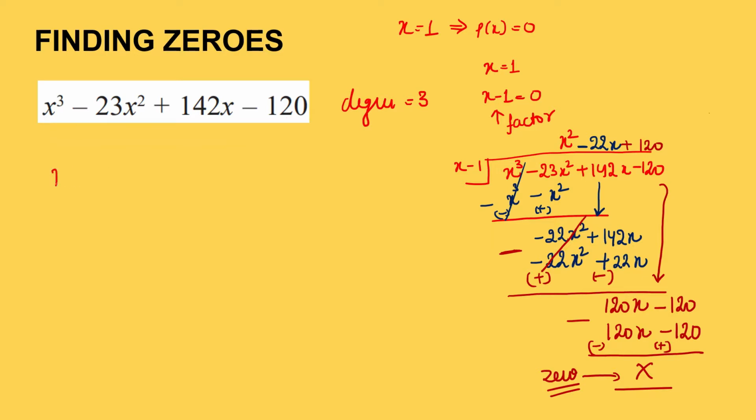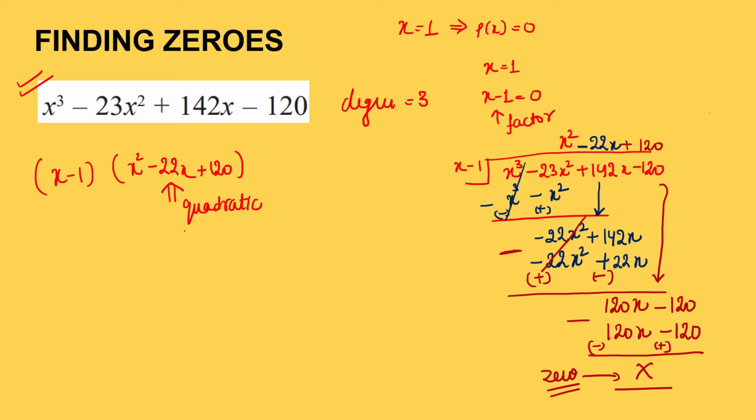Which means x minus 1 and x square minus 22x plus 120 are the factors of this given polynomial. But x square minus 22x plus 120 is your quadratic equation. That means there is a scope of further reduction.